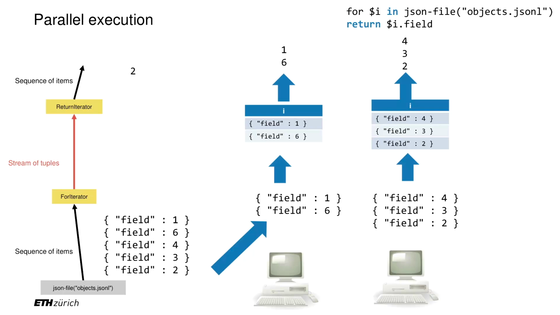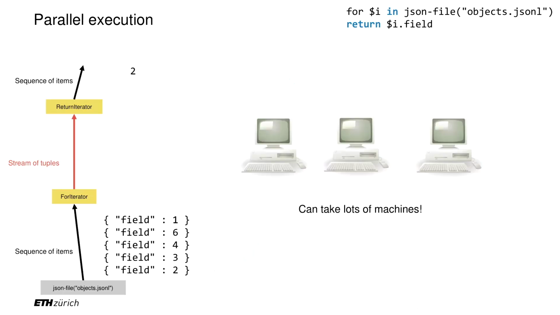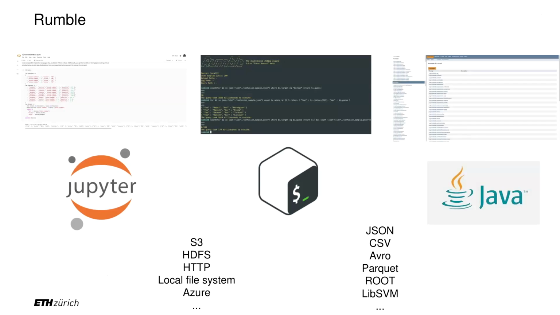Oh, that's local from the disk in a single JSON file, I won't parallelize, right? It's just going to decide, the query looks the same. It's just internally that it's going to execute it, materialize, streaming, parallel, and so on. And of course, the cost of that is that it takes a lot of machines, but there is no free lunch, right? Well, there is one, that's the optimizer, because maybe sometimes the optimizer figures out efficient ways.